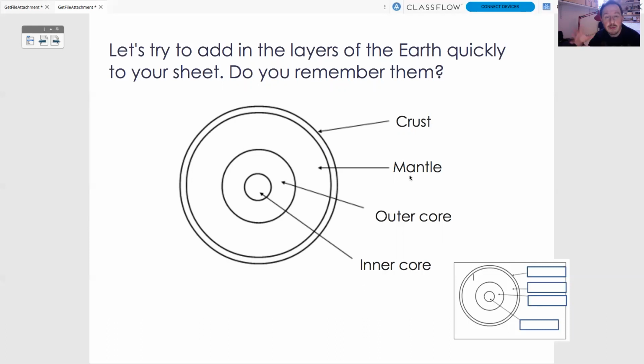And the mantle is sometimes liquid and sometimes solid. But if it gets really hot, it can get liquidy. Okay? An outer core, which is a liquid layer of the Earth, and an inner core, which is the solid, most central middle layer of the Earth. And both the inner core and the outer core are made from one material. Iron. We learned about that last week as well. So I hope you did that all right.